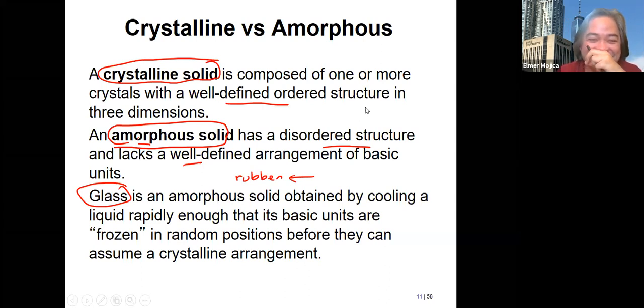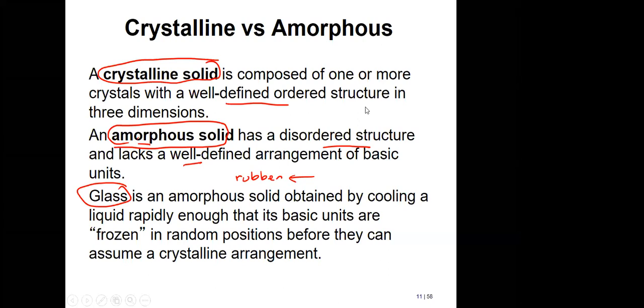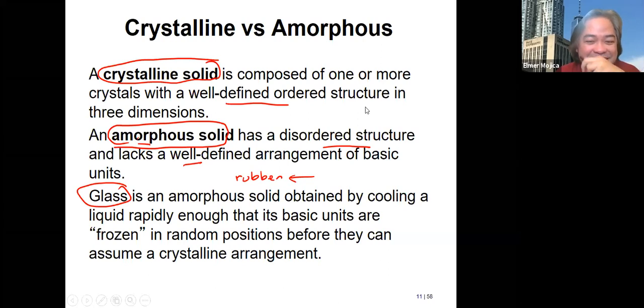Tires, right? The car tires. What's the process when you make rubber? It's named after a god, vulcanization. So if you look at that material, they don't have an ordered structure. So that's one of the things that you need to take into consideration about an amorphous solid.